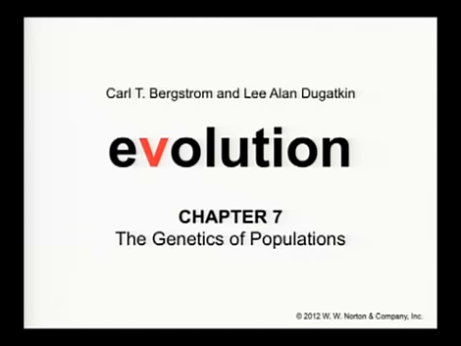Okay, so this first chapter is on the genetics of populations looking at a single locus. If we focus down to one locus at a time, how can we understand lack of evolution and then the various forces that might affect evolution? It all hinges on this model called the Hardy-Weinberg model, which you've probably heard of before.